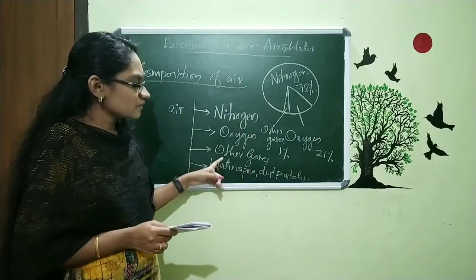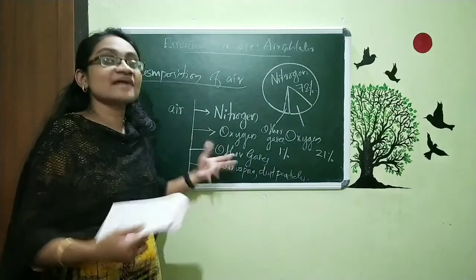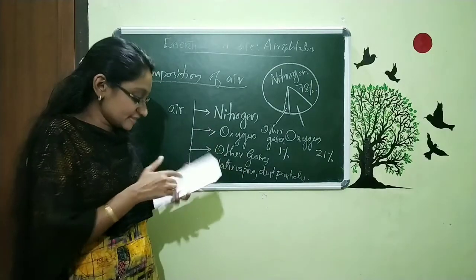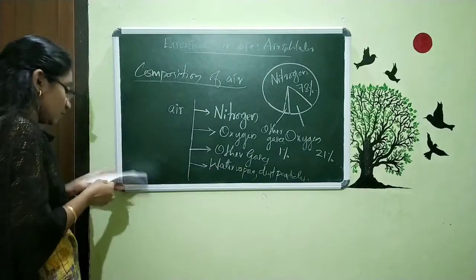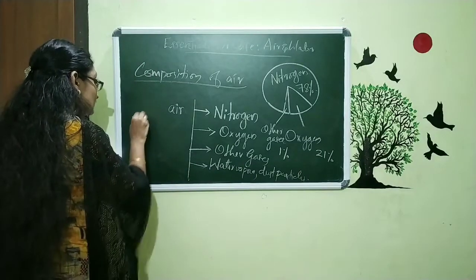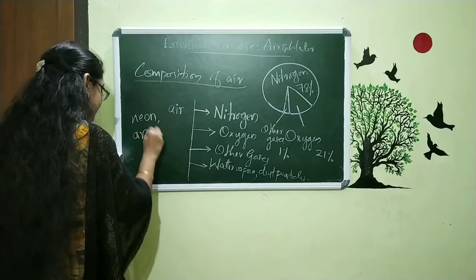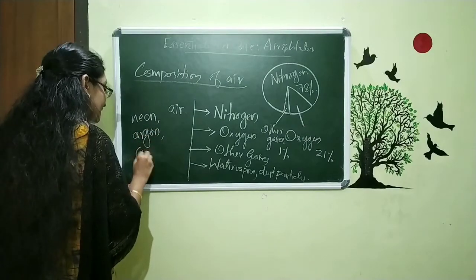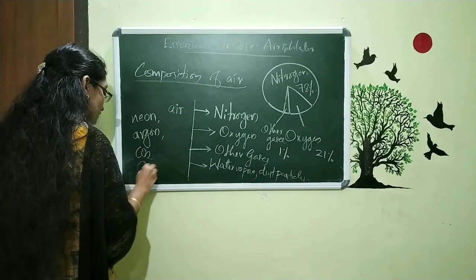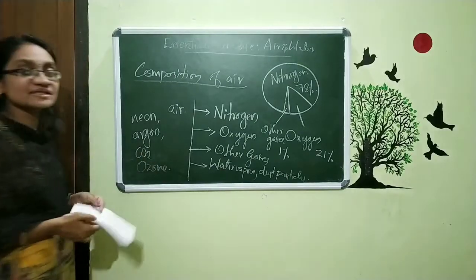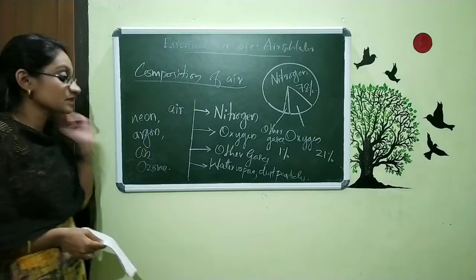And so we said other gases. Which are these other gases? The thing is this, these other gases include neon, argon, carbon dioxide, ozone, etc. So these are some of the other gases included.